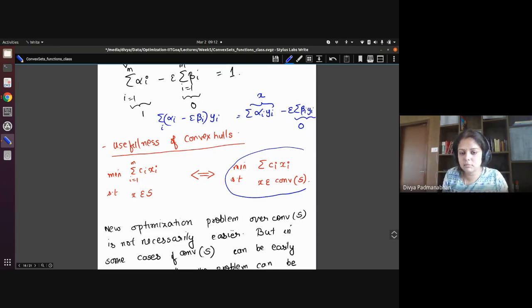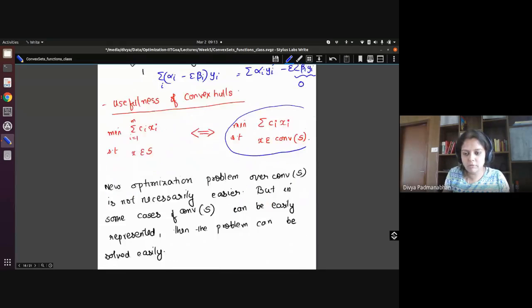We just saw the polytope with the integer points of a polytope; that is a non-convex region. But when you take the convex hull, for some cases, not all integer programs, you can represent it with just linear inequalities. So you get a linear program, and linear programs are efficiently solvable. That's the utility of convex hulls.